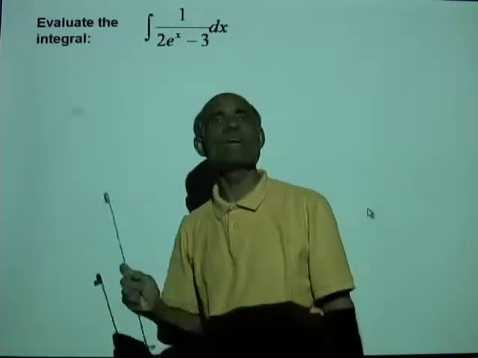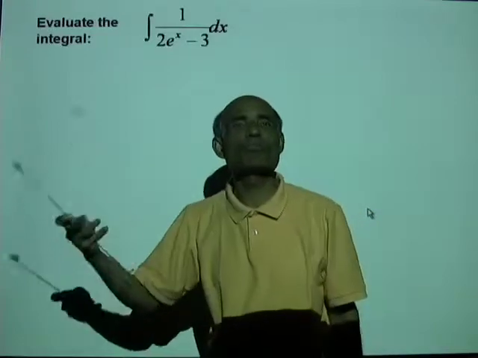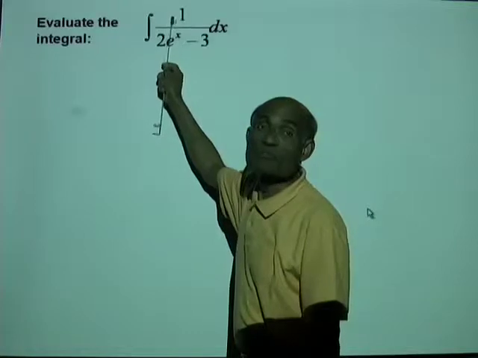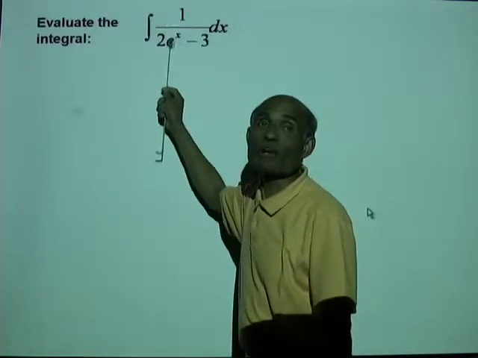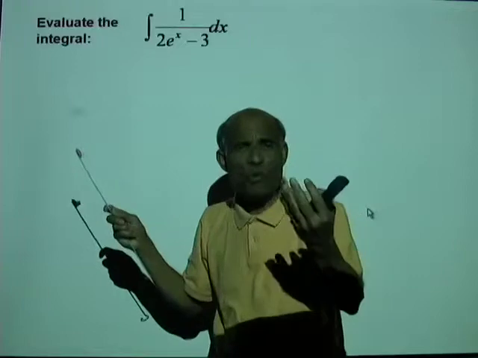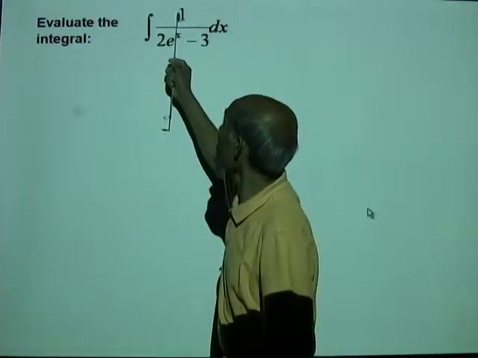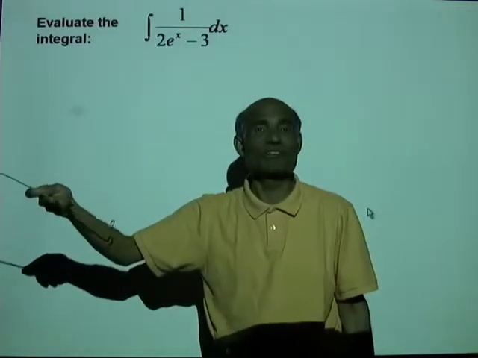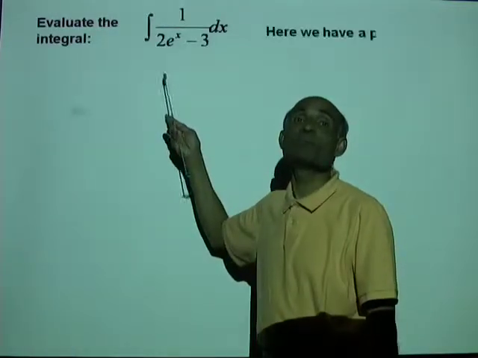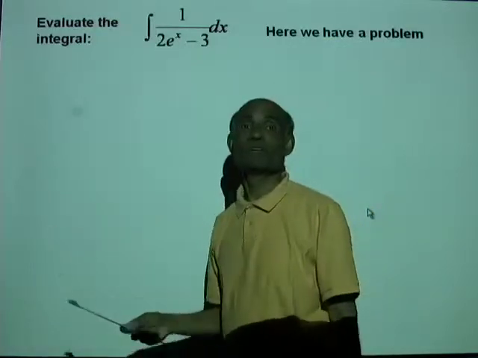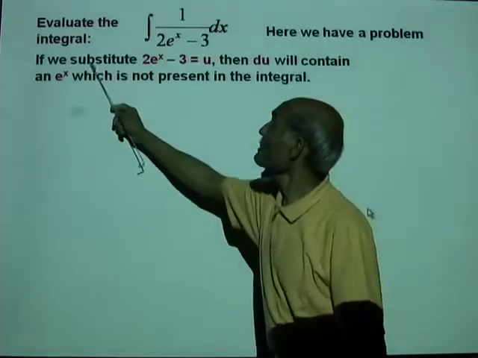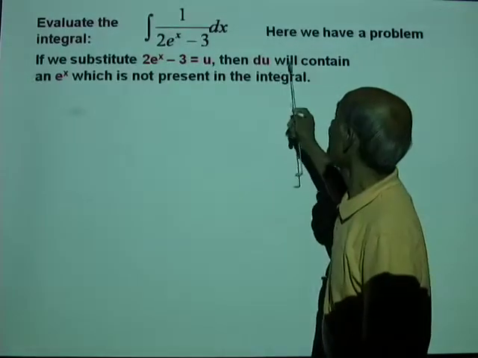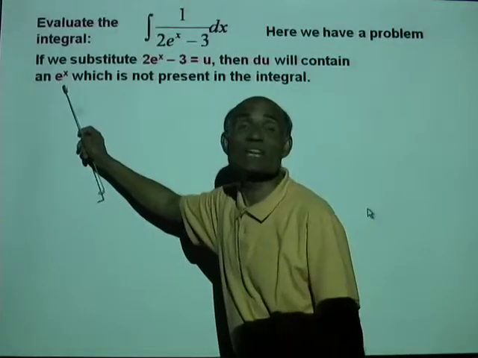There is a beautiful way we can make this into a workable form, and that is, you can multiply the numerator and denominator of a quantity like this with the same quantity. So if you multiply numerator and denominator by e to the power of negative x, it will become a beautiful integrable form. So here we have a problem. If we substitute 2e to the power of x minus 3 equal to u, then du will contain an e to the power of x.